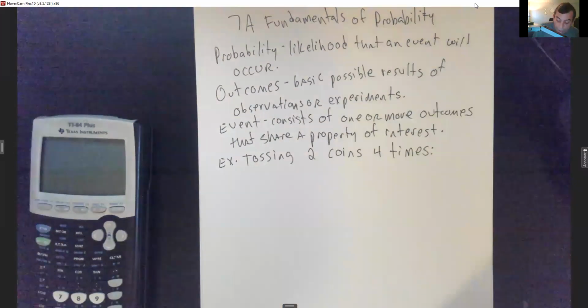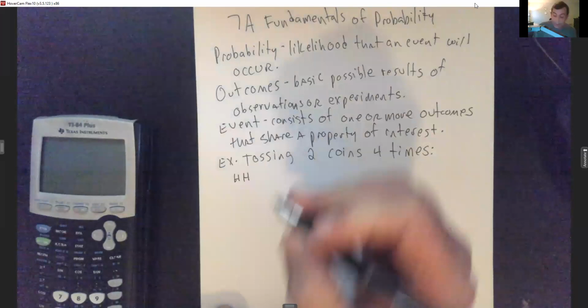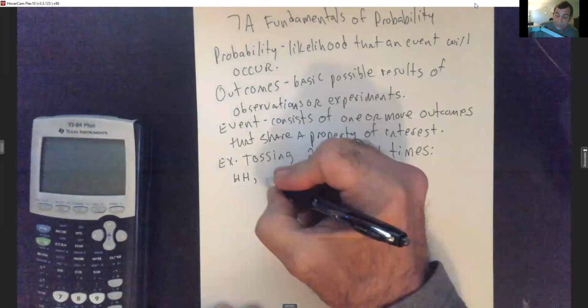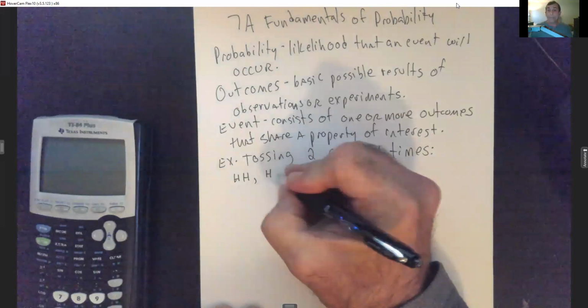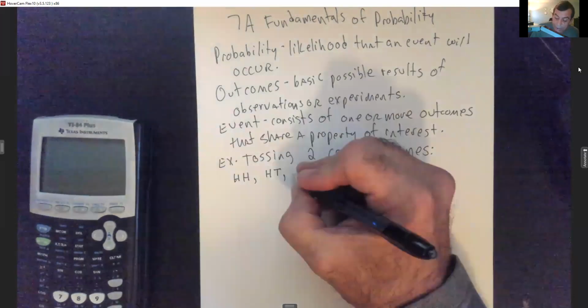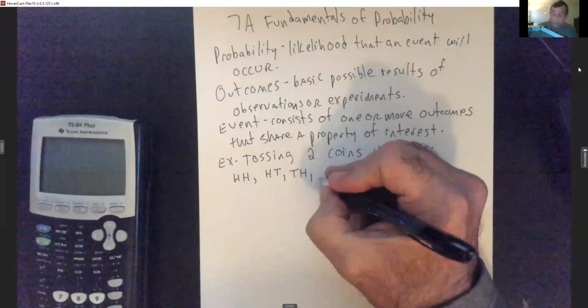I could roll a head and a head. I could roll a head the first time and then a tail the second time. I could have rolled a tail the first time and then a head. And then finally, I could have rolled 2 tails.